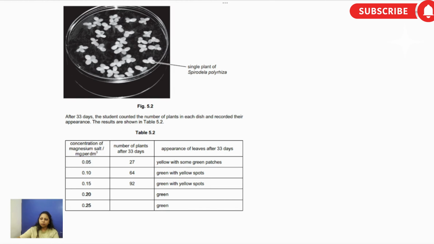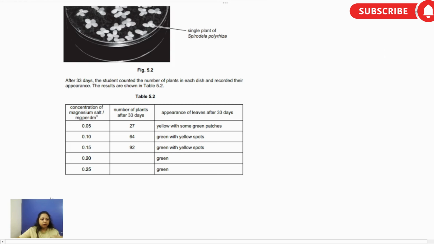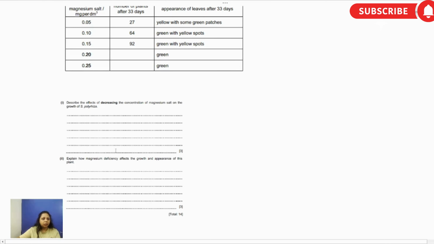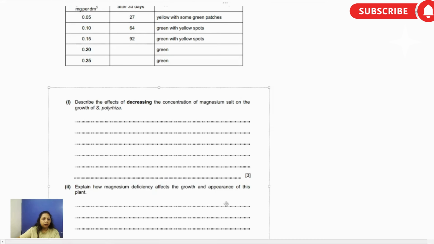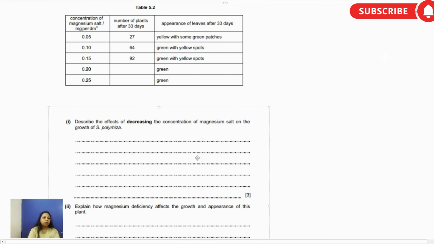As I can tell, when the magnesium concentration is at its lowest, the number of plants is also less. Don't include the number of plants. Just tell the effect of concentration of magnesium on growth of polyrhiza.